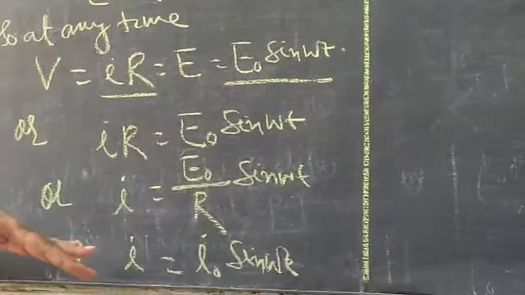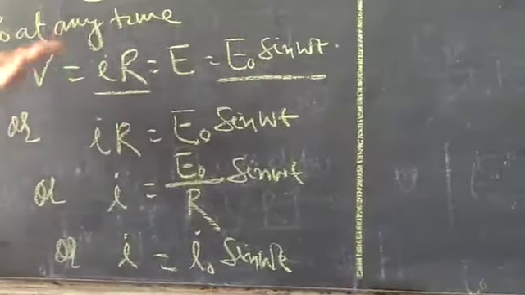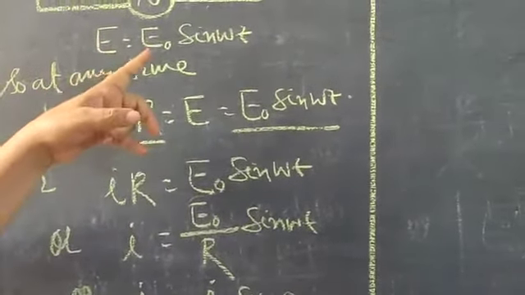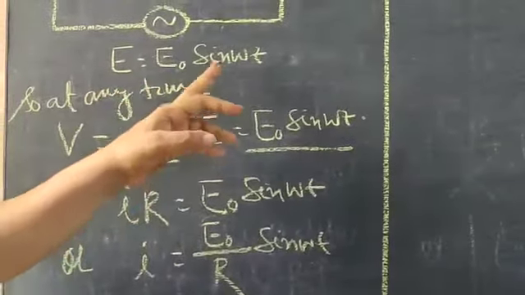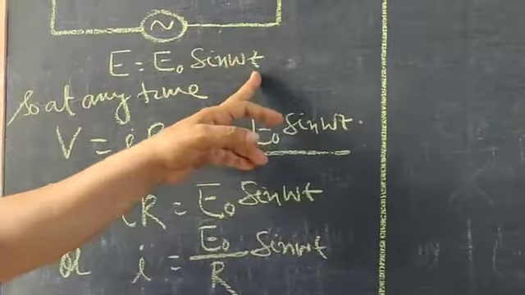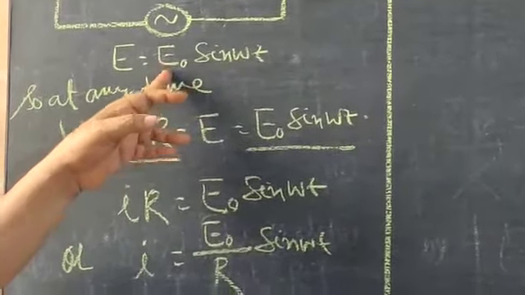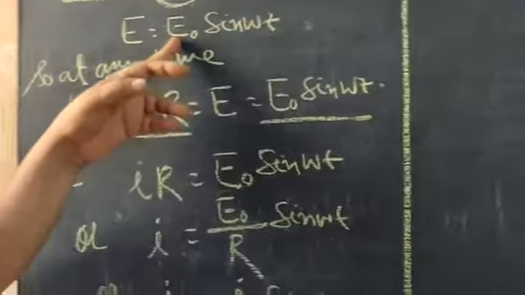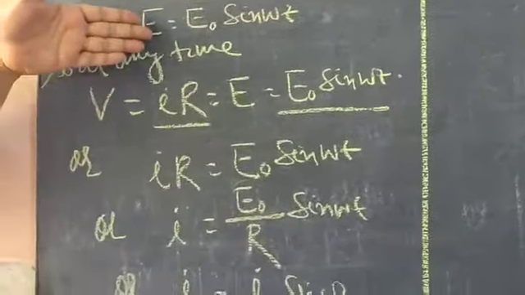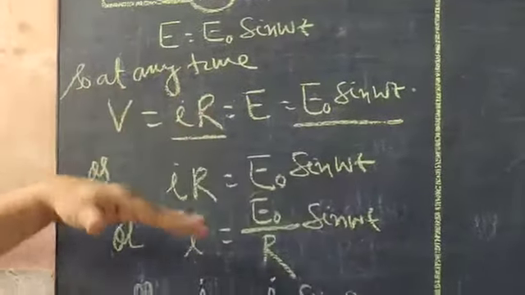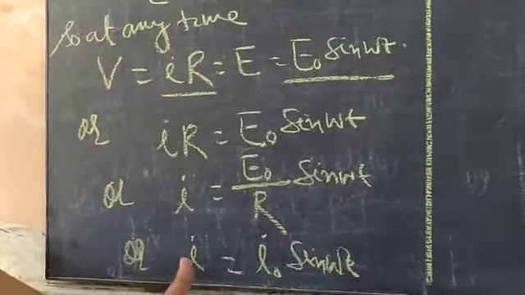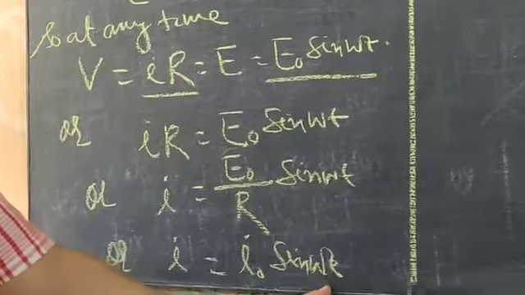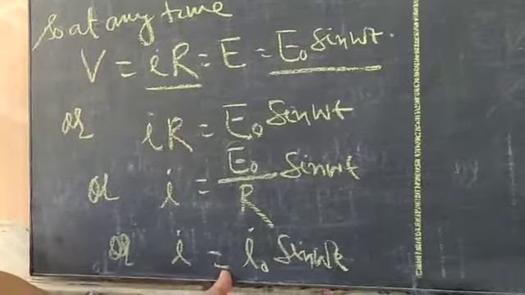So we find that at any instant of time, when the instantaneous value of EMF is given by E0 sin omega t, it means EMF is making omega t angle with its peak value. When we convert this relation for current, we find that the instantaneous value of current is also making omega t angle with its peak value.